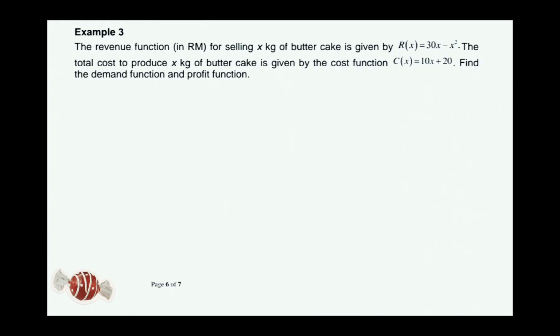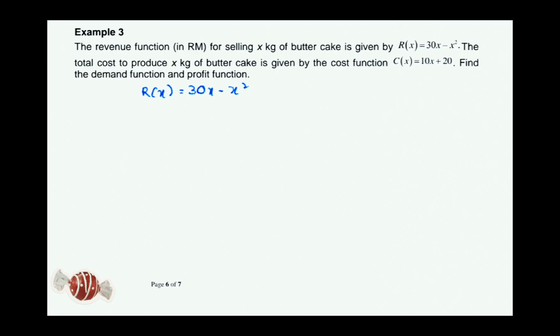Now, for example number 3, the revenue function for selling X kilogram of butter cake is given by R of X equal to 30X minus X squared.